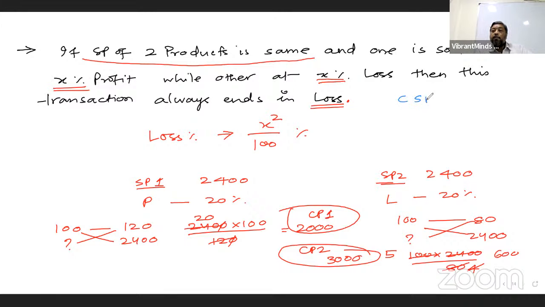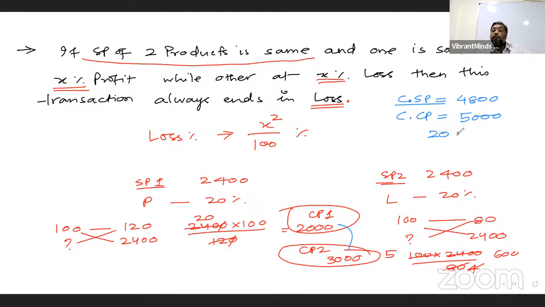So combined selling price is 4,800. Combined cost price is how much? So 2,000 plus 3,000, that is 5,000. What is the loss?